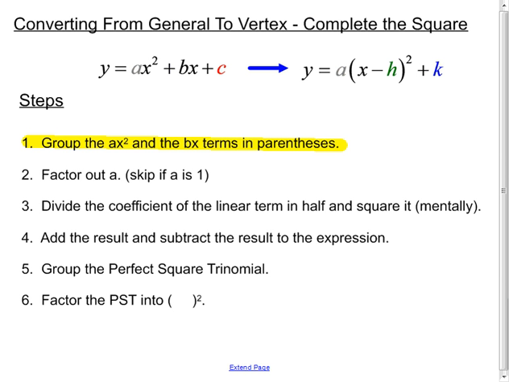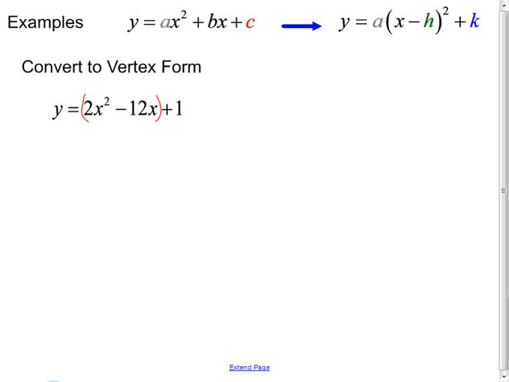Step 2 is to factor out a, skip if a is 1. Well, a is 2 here, so we're going to factor out that 2. And this is what we're going to get: y equals 2 times the quantity x squared minus 6x, and I'll just bring down the plus 1.